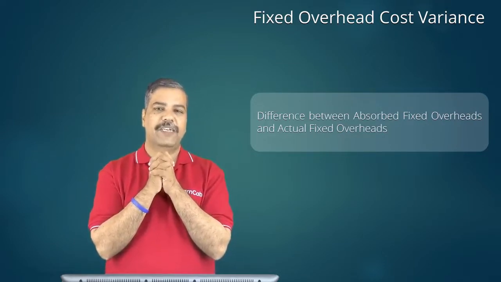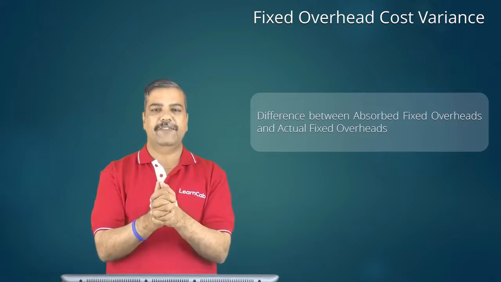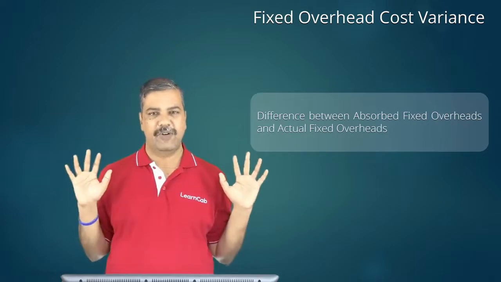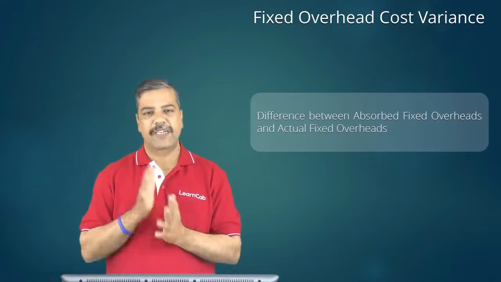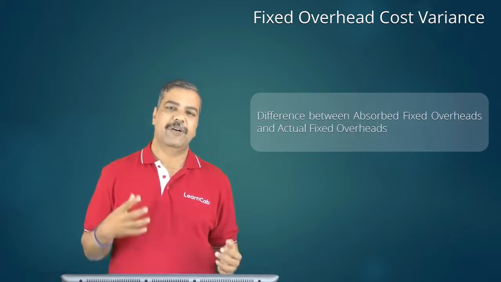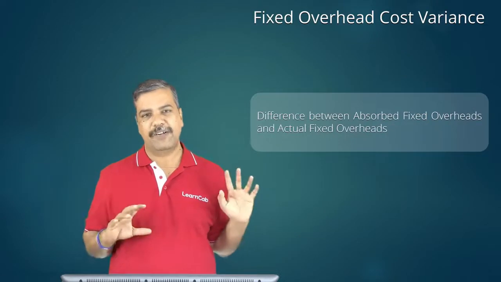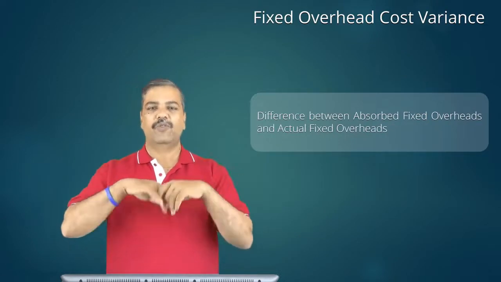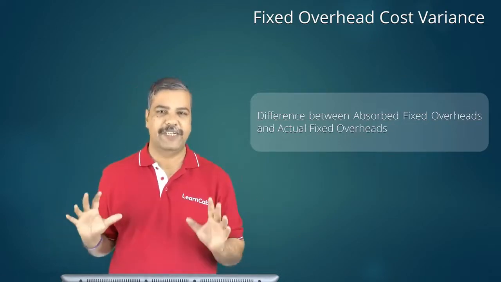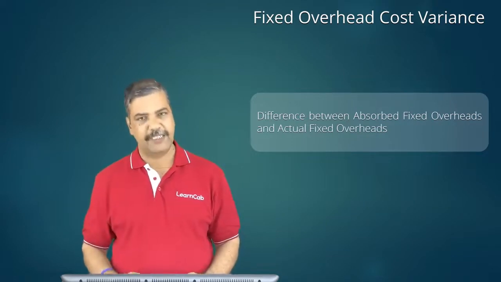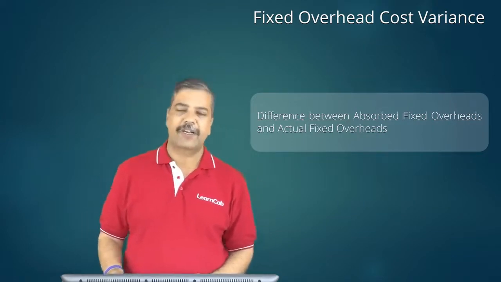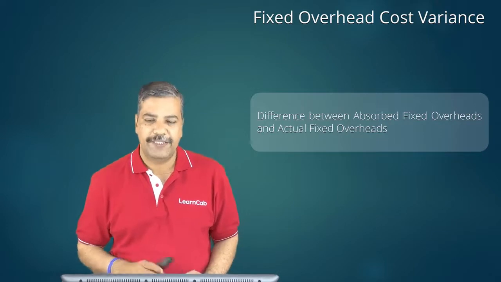You know what you are paying every month as fixed cost. That is your actuals. But what got absorbed? Absorption is based on how much capacity you utilize. To that extent you are absorbing the fixed cost. You are not absorbing the total fixed cost which you have actually incurred. That difference is called your fixed overhead cost variance.